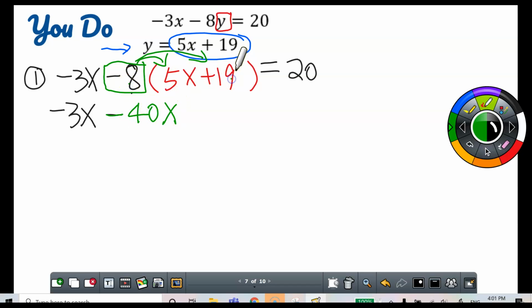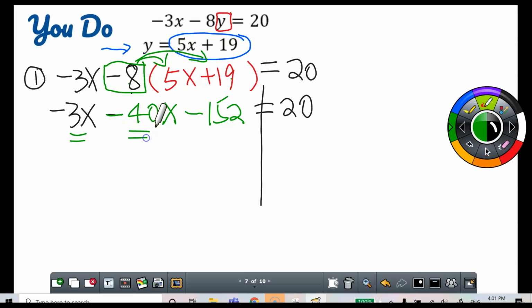Negative 8 times positive 19 is negative 152. And copy the other side down. And combine like terms. Negative 3 add negative 40 is negative 43x.